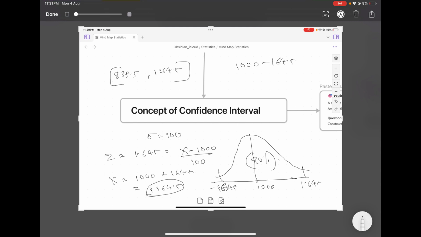So this is how you find the confidence. With 90% confidence you can say that the life of a bulb is between 835.5 and 1164.5.